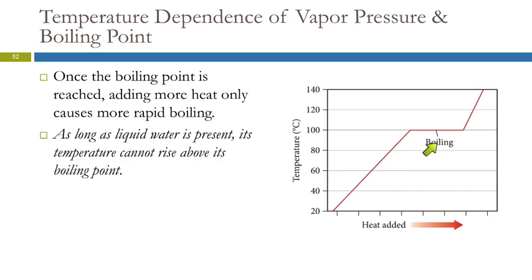Here we're adding heat, and anything above that threshold will escape. But it's an average kinetic energy at 100 degrees Celsius. So there are some above and some below the amount of energy needed to escape. So as we add more and more heat, we're just providing energy to the ones that are too slow to escape.